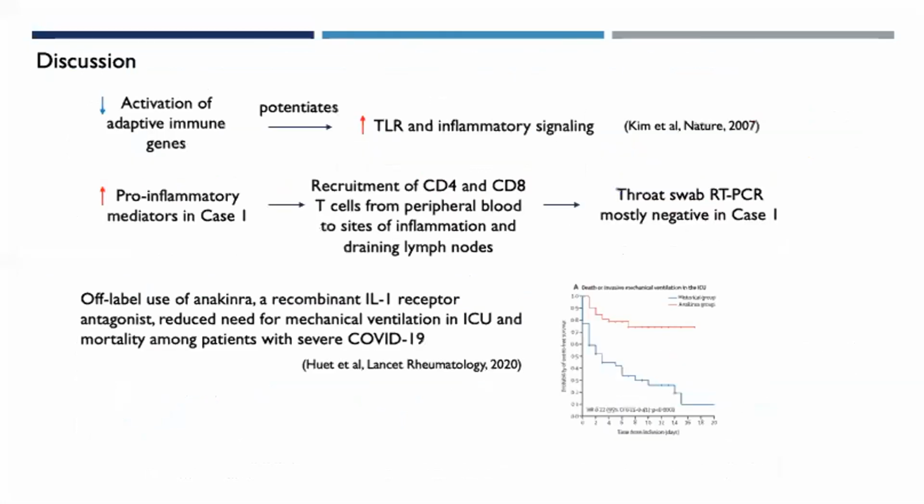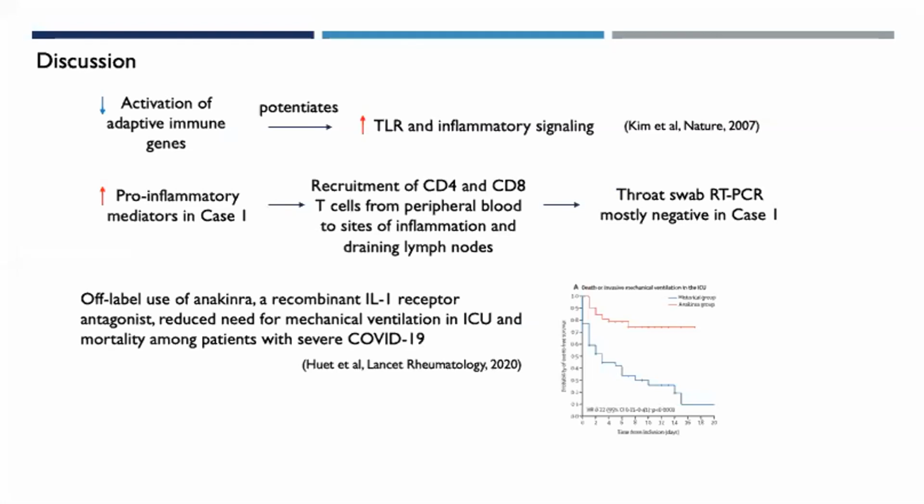And so with our findings, I think there were 2 possibilities that came up from what we had found from the NanoString profiling that was done on whole blood from COVID-19 patients. The first is that if you have reduced activation of adaptive immune genes, I think that could actually lead to a potentiation of increase in toll-like receptor inflammatory signaling, and this could happen in a positive feedback loop, as had been demonstrated by Kim and colleagues in the Nature paper in 2007.